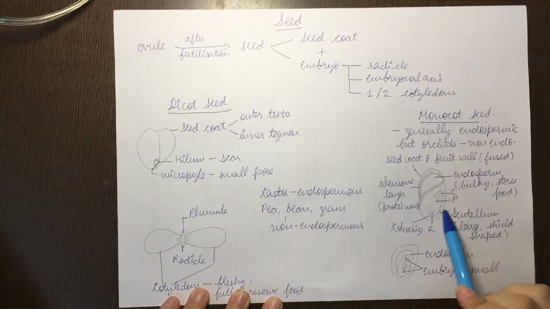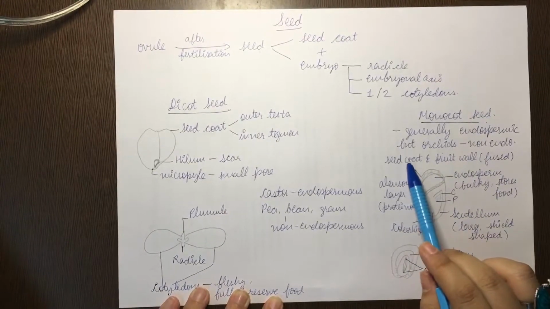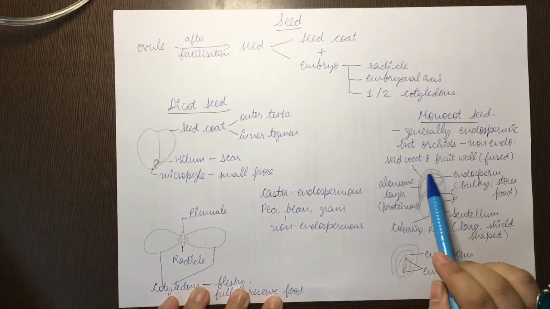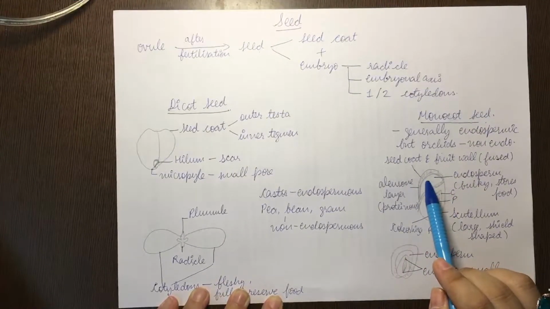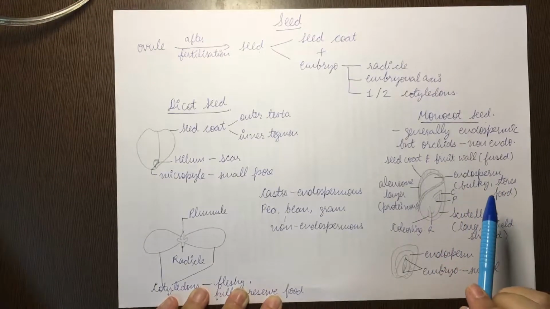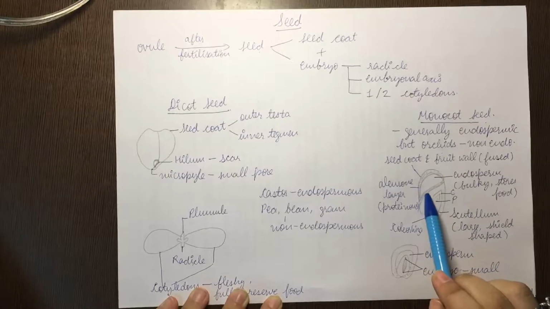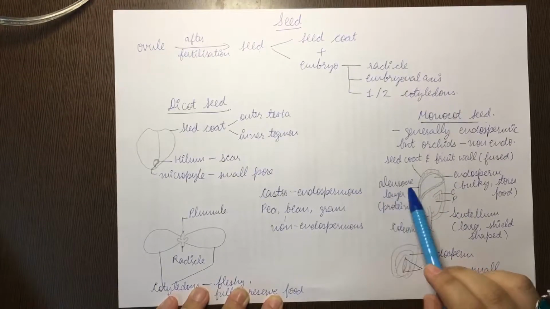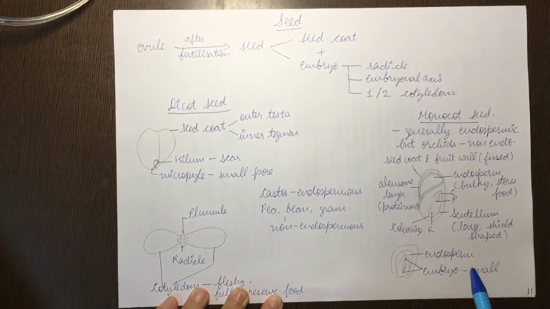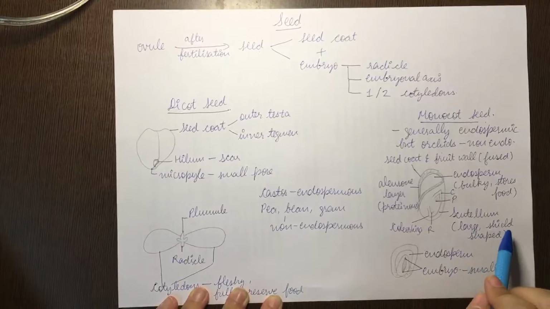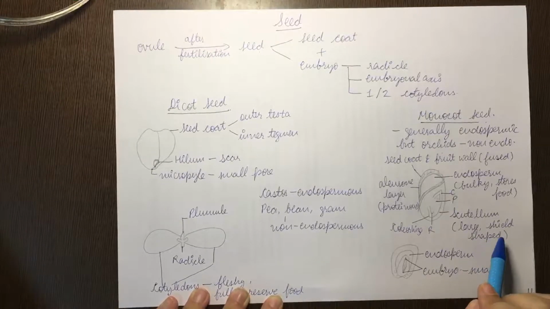This is the structure. Here the seed coat and the fruit wall are fused. This part is the endosperm, which is bulky and it stores food, and the endosperm is covered by a proteinous layer, the aleurone layer. Now this is the scutellum, a large shield shaped cotyledon.